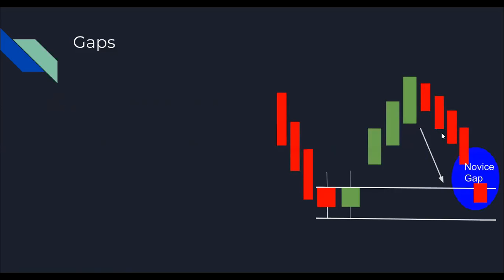The previous move is a down move, and we are gapping down. These kinds of gaps are usually caused not by institutions, but by novices, or we can call them retail traders. Now, how do we know that these gaps are caused by retail traders?